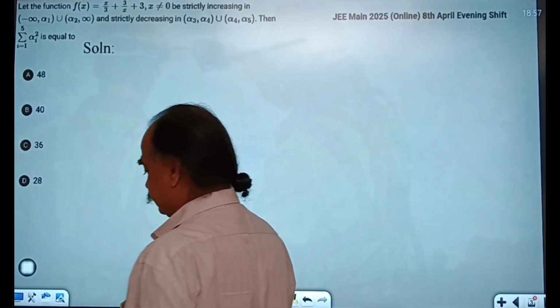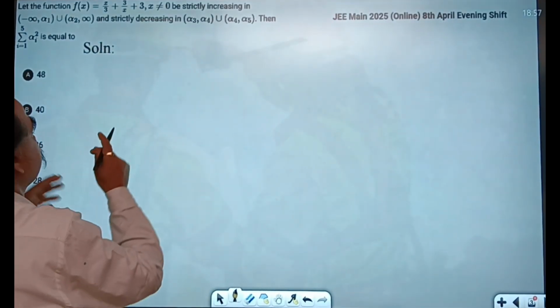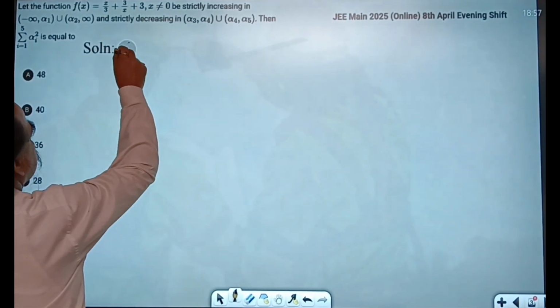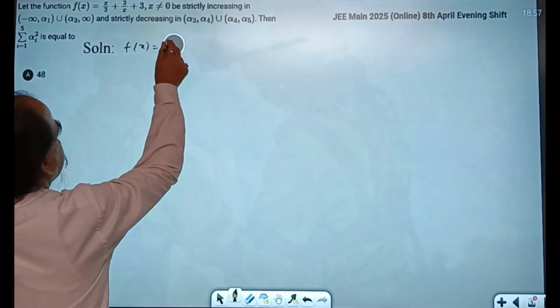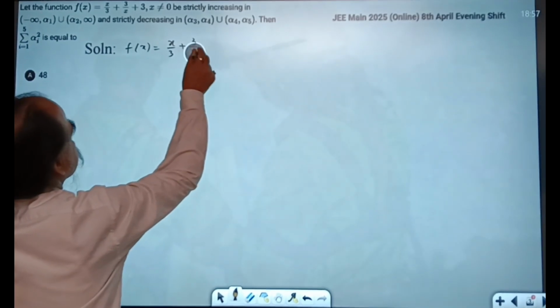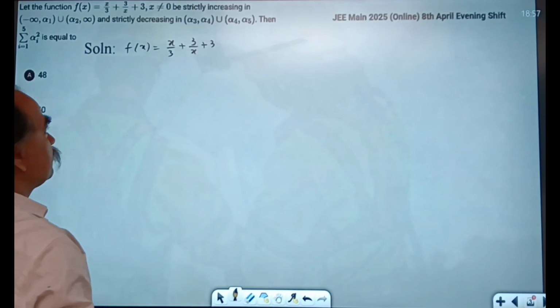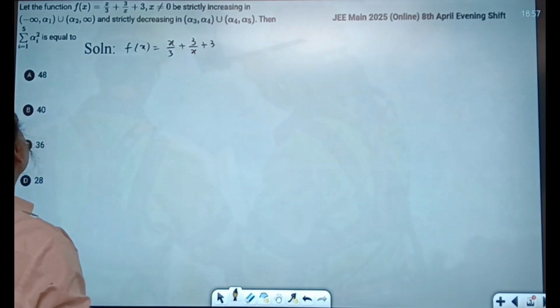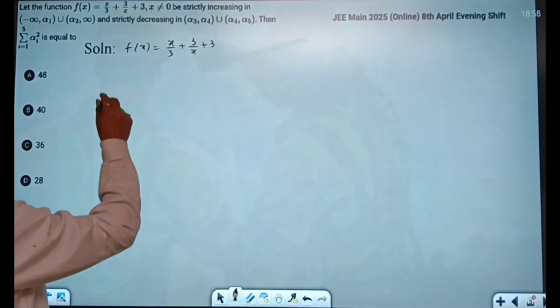Let the function f(x) is equal to x upon 3 plus 3 upon x plus 3, x not equal to 0, be strictly increasing in the interval minus infinity comma alpha 1 union alpha 2 to infinity.